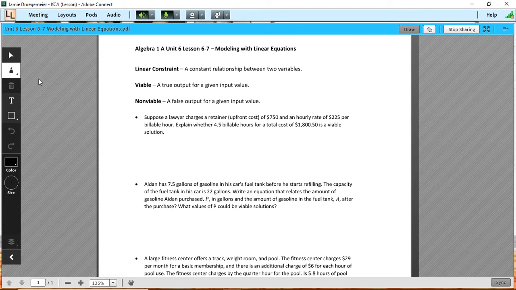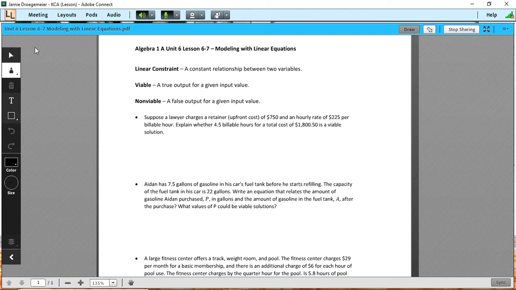First, we have this first one. It says, suppose a lawyer charges a retainer, which is an upfront cost of $750. That's like a flat fee that they're charging for their services. And then they're also charging an hourly rate of $225 per billable hour. So $225 per hour plus that $750 retainer.